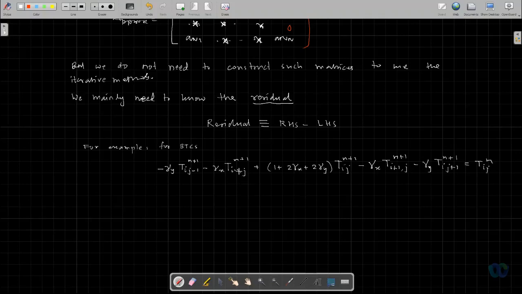Now we would like to write a residual for ij. This is the equation for ij, isn't it? So similarly, residual for ij has to be written down. So what is the residual for ij?